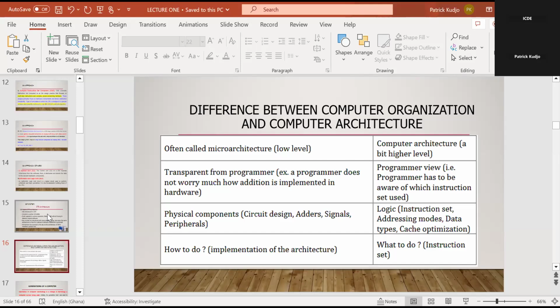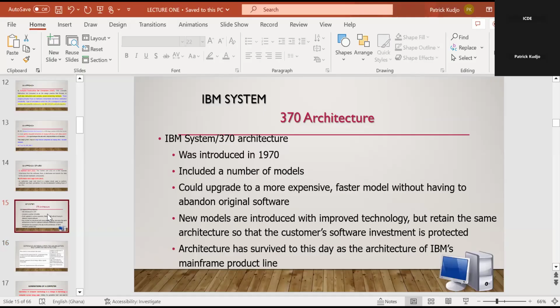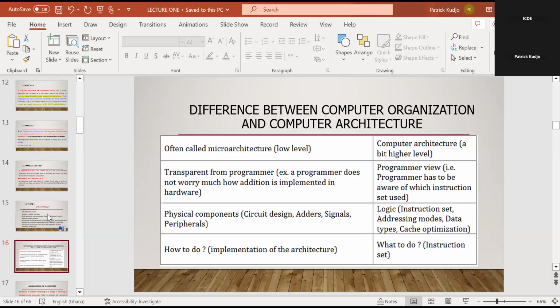Finally, computer architecture is about what to do, the instructions, while computer organization is all about how to do it, the implementation of the architecture.